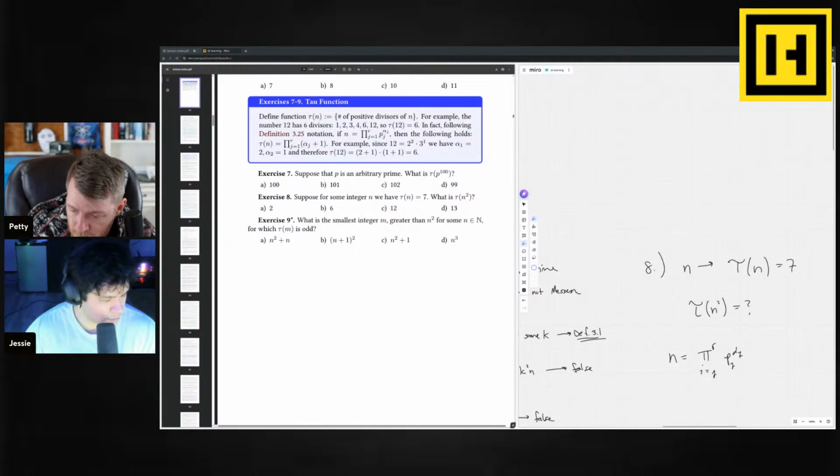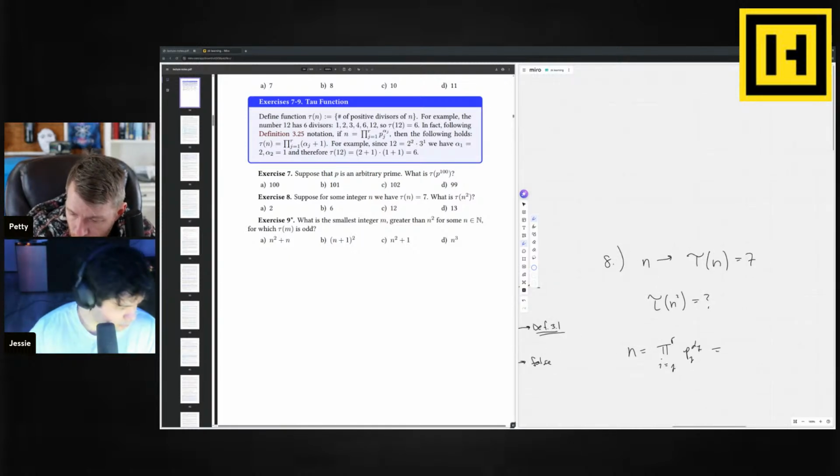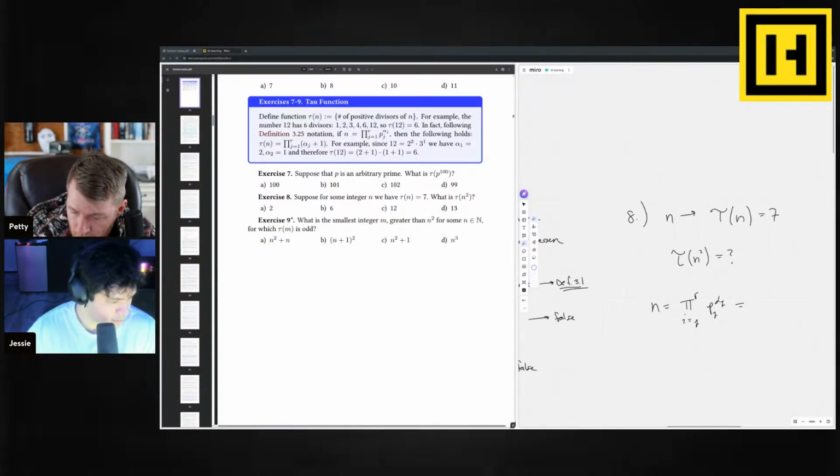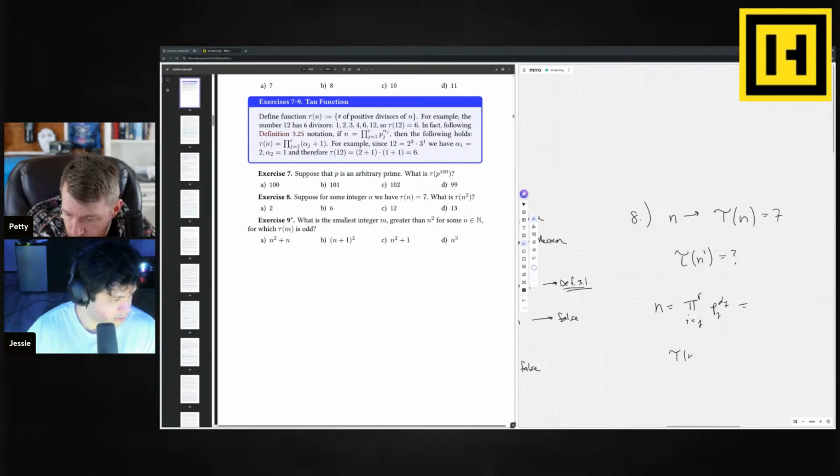And this means that tau of n is equal to the product of alpha j plus 1, which is equal to 7.